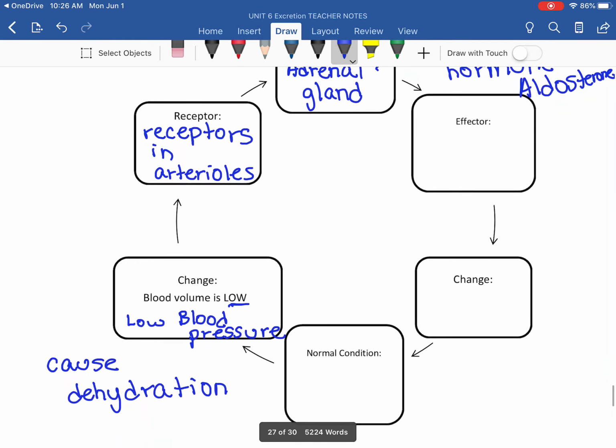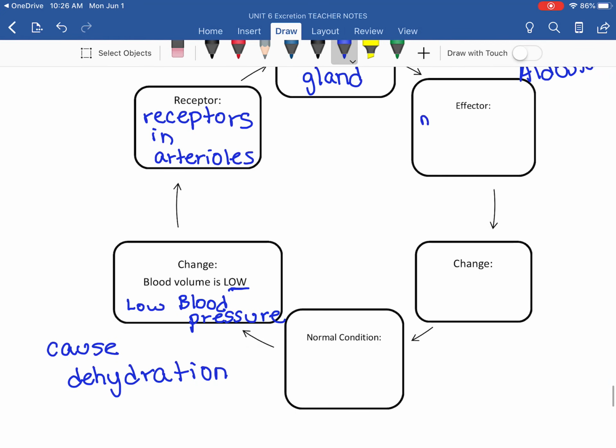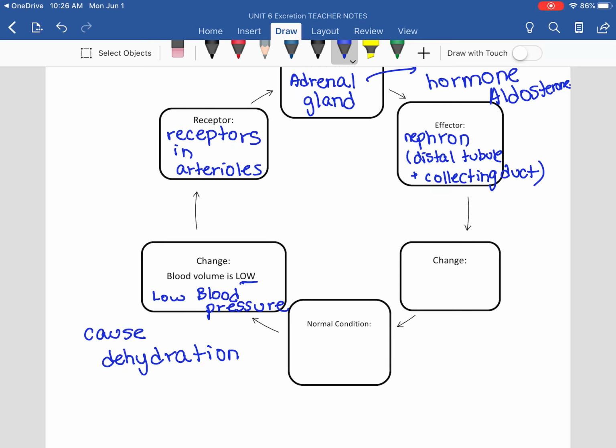Now, aldosterone works a little bit differently. It is still going to be acting on the nephron as the effector, or more specifically, again, the distal tubule and collecting duct. Now, instead of changing permeability to water, what aldosterone is going to do is it's actually going to trigger these tubules to actively transport sodium into the blood.